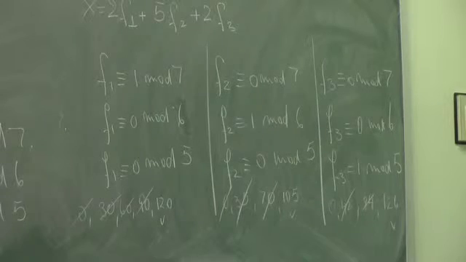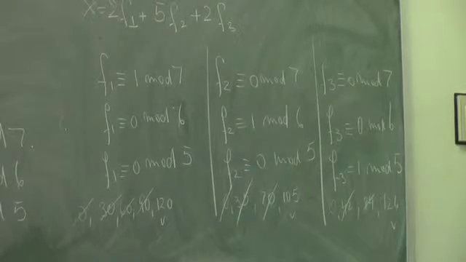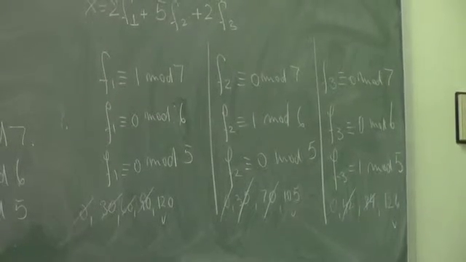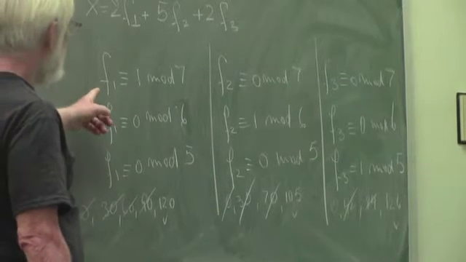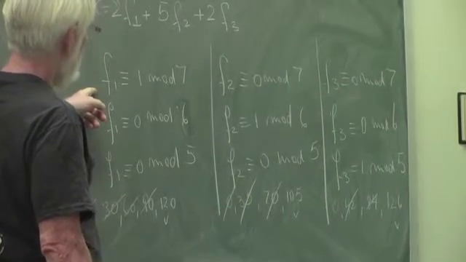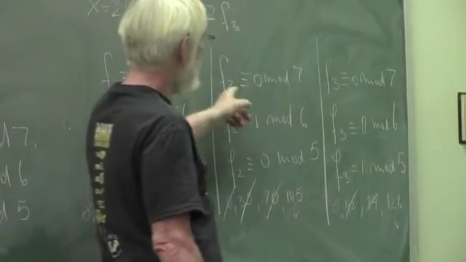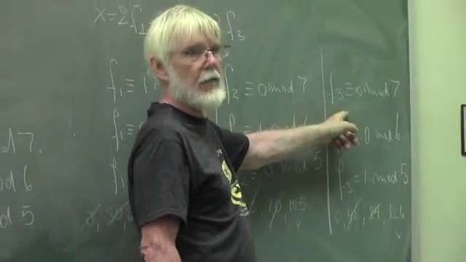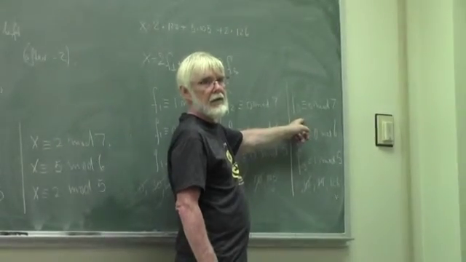That number works, right? When we reduce it modulo 7, this part and this part will give you 0, right?